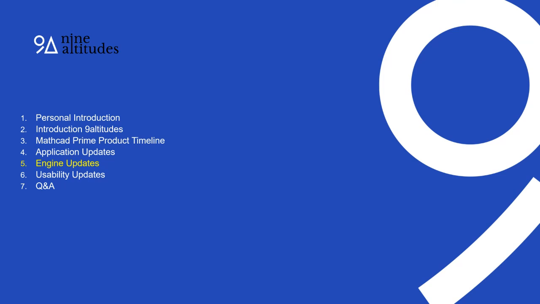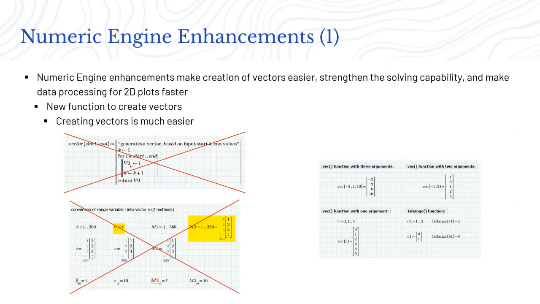Now some major engine updates, because of course these are very important. And the first one of that, I think everybody who works a lot with Mathcad will smile now. In the past, I think everybody struggled a little bit with the definition sometimes of vectors and range variables.